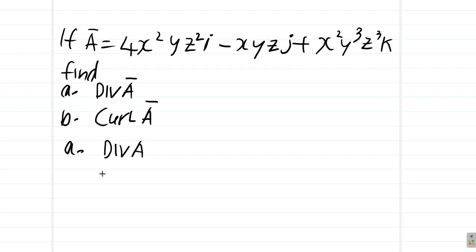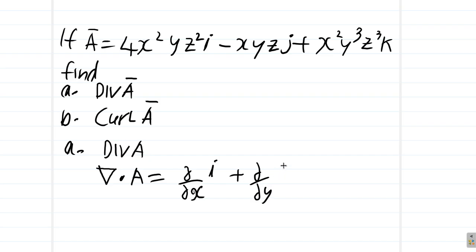Remember, the divergence is going to be the gradient vector dot A, the dot product between grad, which we call nabla or del, and A. So nabla is partial by partial x in the i direction, plus partial by partial y in the j direction, plus partial by partial z in the k direction.